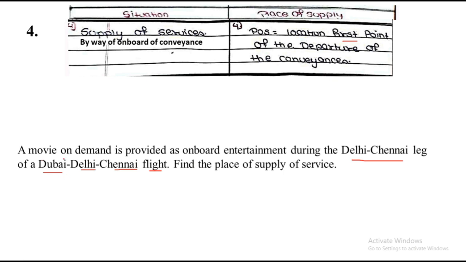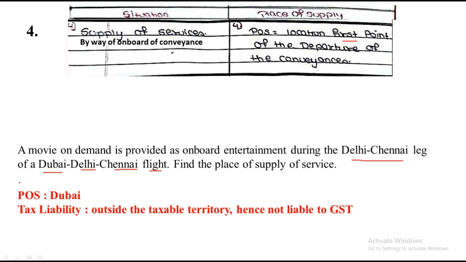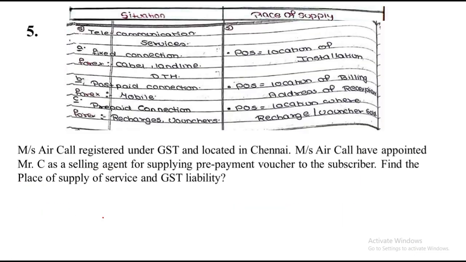So in our case, Dubai is the very first point of departure. Though you have used the service from Delhi to Chennai, the first conveyance point is Dubai. So here our place of supply will be Dubai. Since it is outside the taxable territory, there will be no liability on GST, but the place of supply will be Dubai. Okay, that was situation number four.